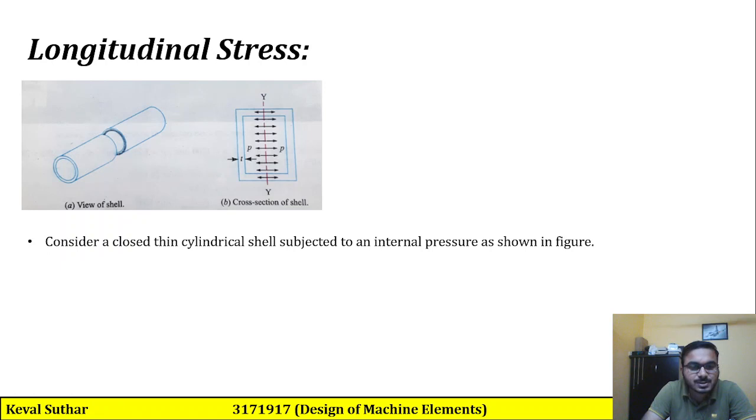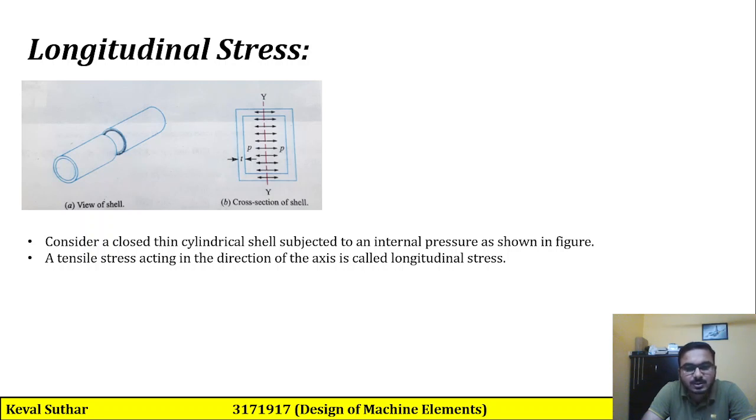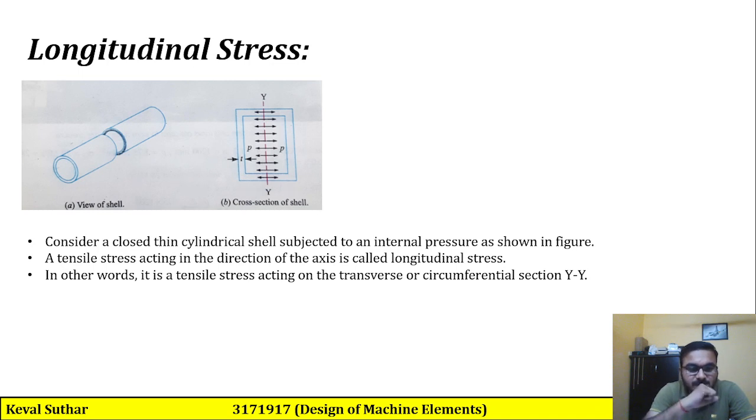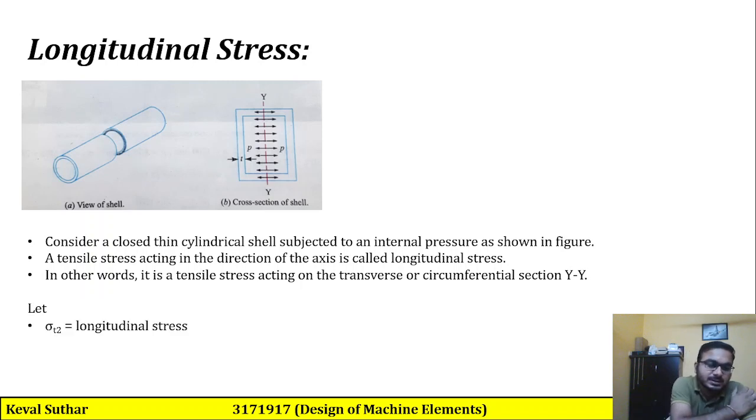Consider a closed thin cylindrical shell subjected to an internal pressure as shown in the figure. A tensile stress acting in the direction of the axis is known as longitudinal stress. In other words, it is a tensile stress acting on the transverse or circumferential section YY. Let sigma T2 be the longitudinal stress.